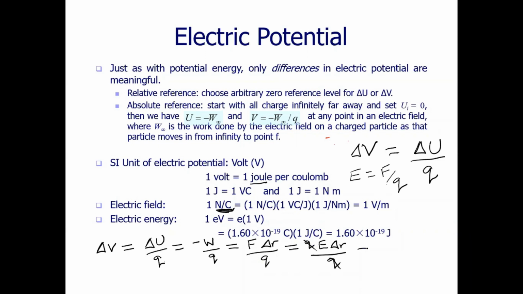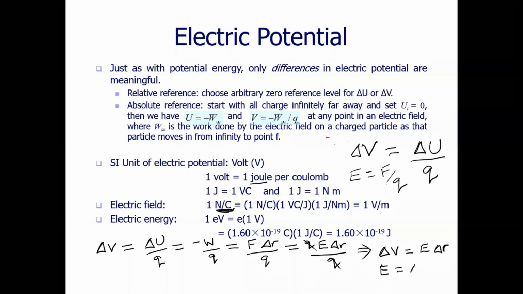So this implies, remember where I'm coming from? The change in electric potential will just be equal to E times the change in R. It means that this electric field can actually be given as that over that.